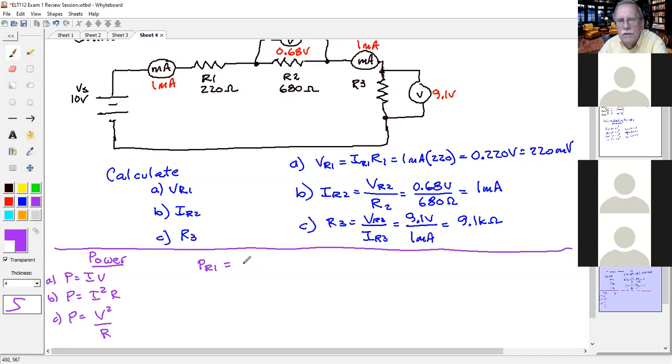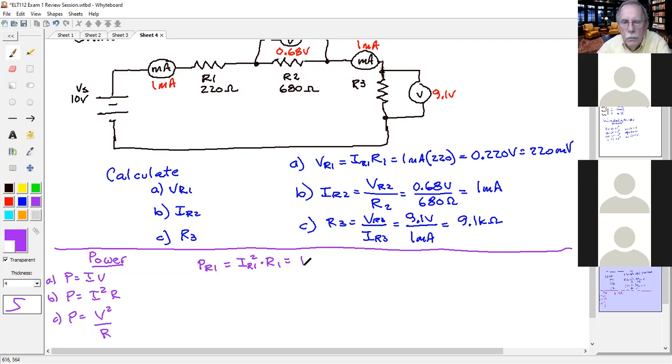That's going to guarantee that this answer is going to be wrong if I use the voltage. By using the given values, we reduce that possibility. Just like with any of the Ohm's law, we always have to make sure that if I'm looking for P sub R1, then it's going to be I sub R1 squared times R1. All right? Current associated with R1, the resistance of R1, is going to give you the power for R1.